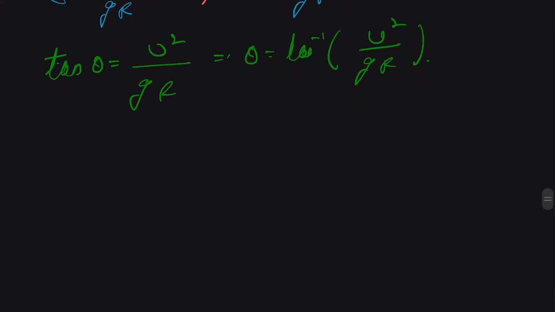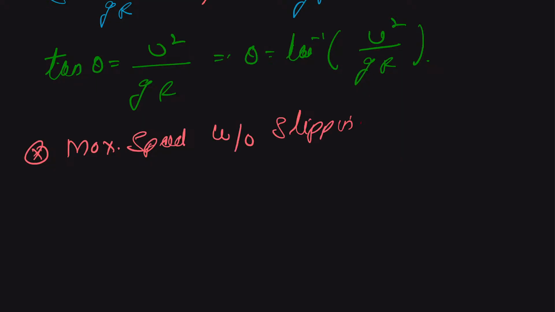And now let's find out what will be the maximum car speed so that it prevents slipping, the maximum speed without slipping. So we know that only the frictional force will be there, so that there is no slipping of the car.